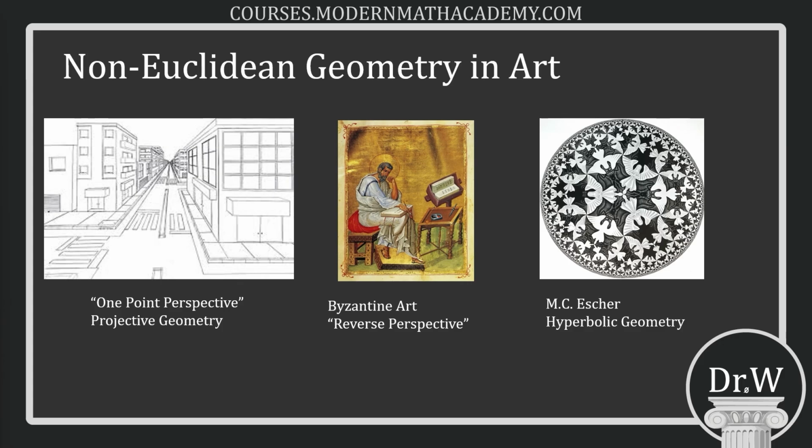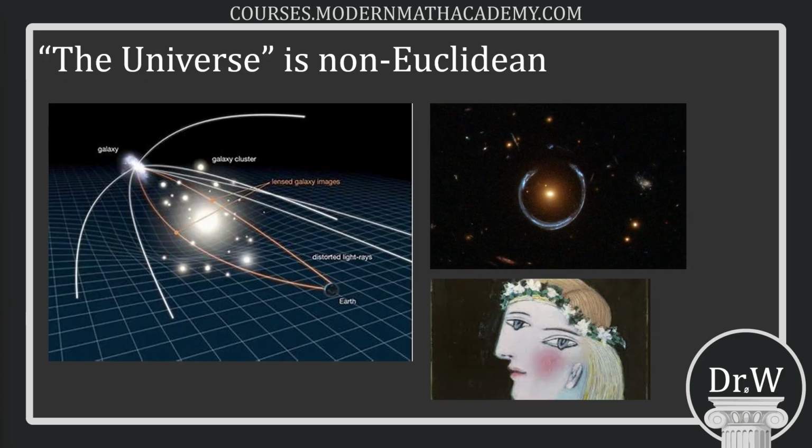So these ideas of non-Euclidean geometry are all through art, but what really put this paradigm into tension was Albert Einstein's theory of general relativity, which we have now verified is physically the case. So the universe itself, in the presence of matter, is non-Euclidean. So I have here on the left a kind of graphic representation of something that we see pictured here on the right. This is called gravitational lensing.